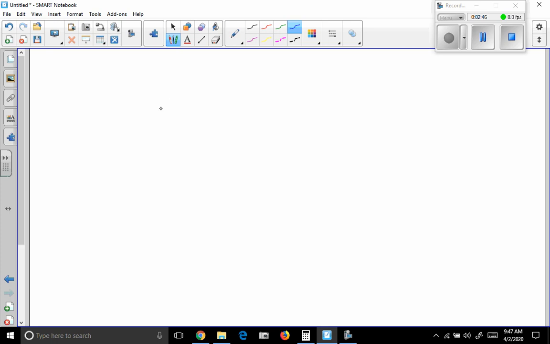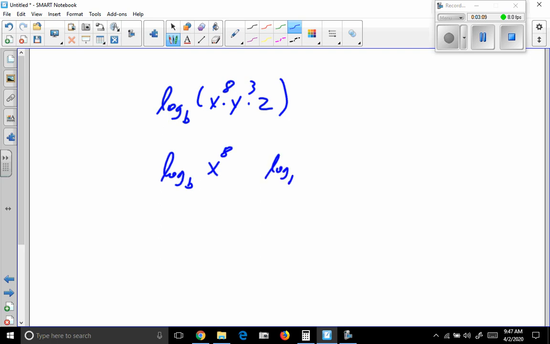So let's suppose we have log base b of x to the 8th, y to the 3rd, z. And we want to write this as sums and differences. Then since these are all multiplied, we take the log of each factor, so the log of x to the 8th, log of y to the 3rd, log of z.